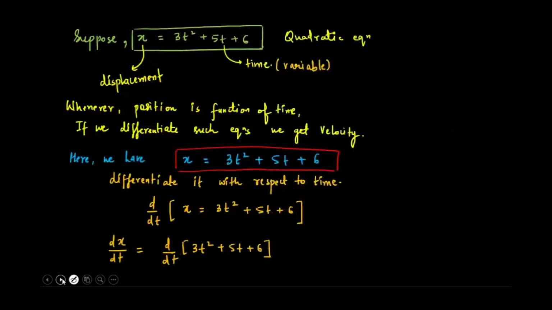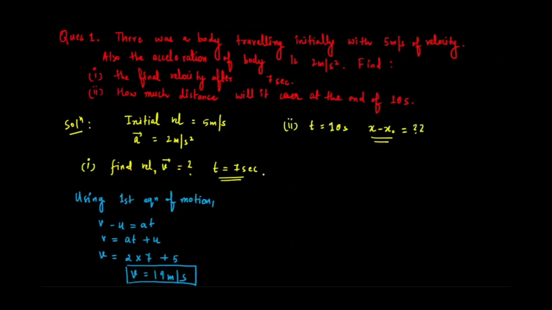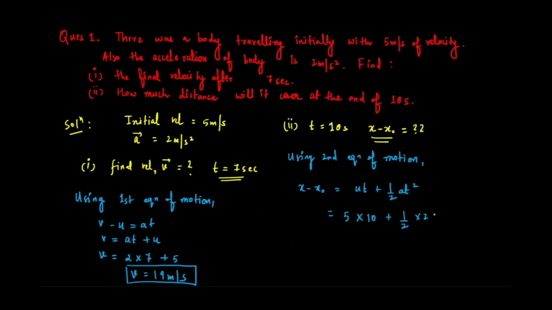Correct. So we're going to use the second equation in order to find out the answer. Using the second equation of motion, x minus x naught is u t plus half a t square. u is the initial velocity, which is 5, time 10 seconds, plus half a, where a is 2 and time is 10, so we have to put the square of 10.